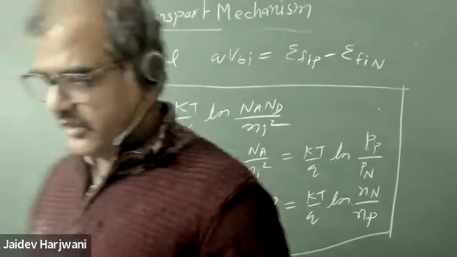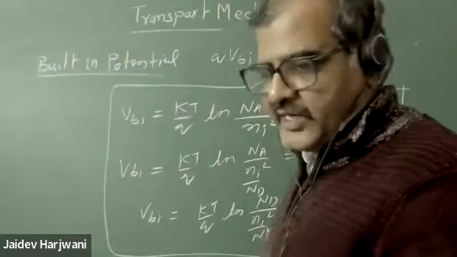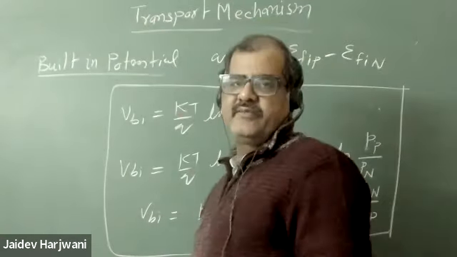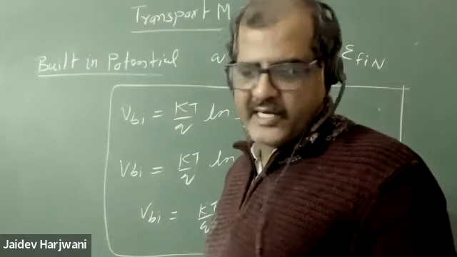Now, if there is a potential, there should be an electric field. We have already said there is a depletion region, so we have an electric field. Now I want to calculate that electric field.